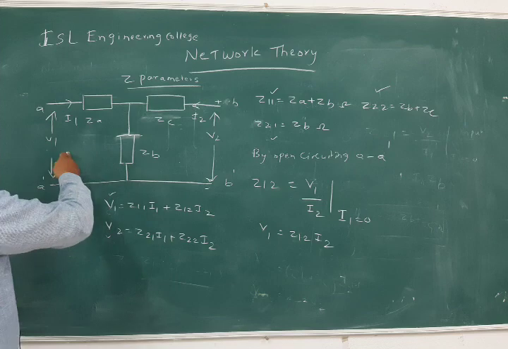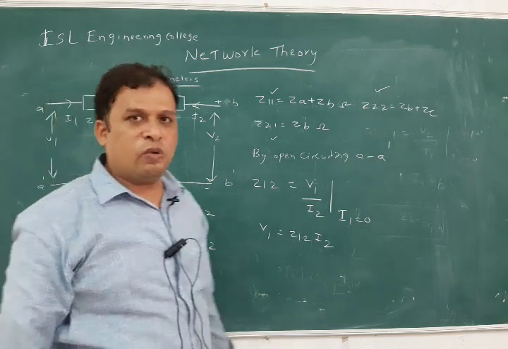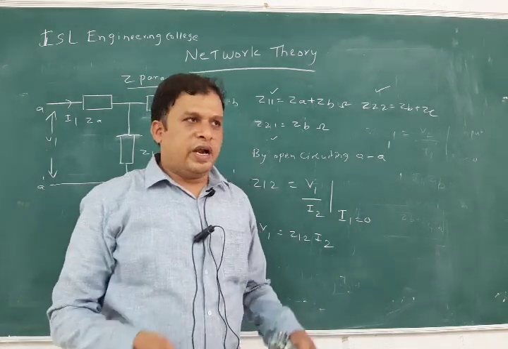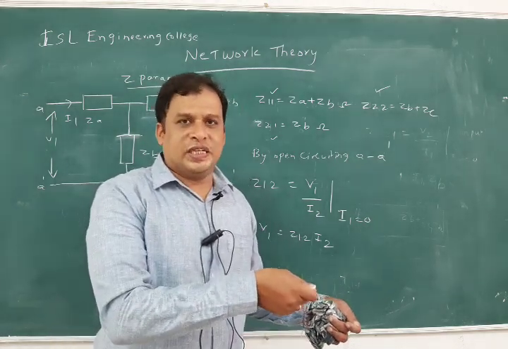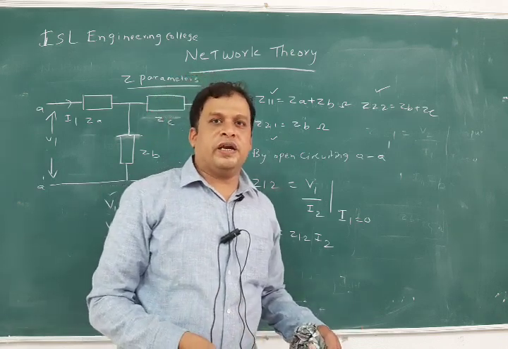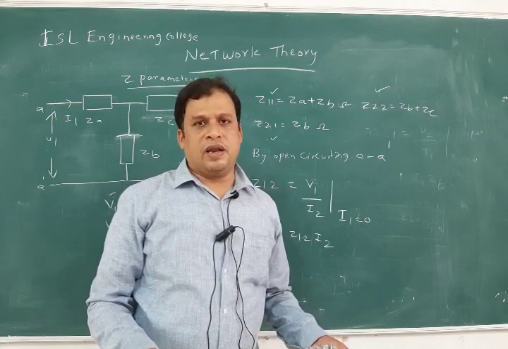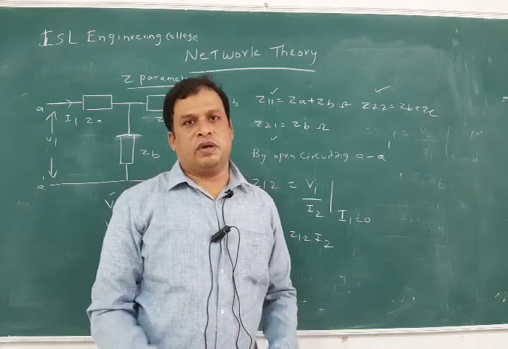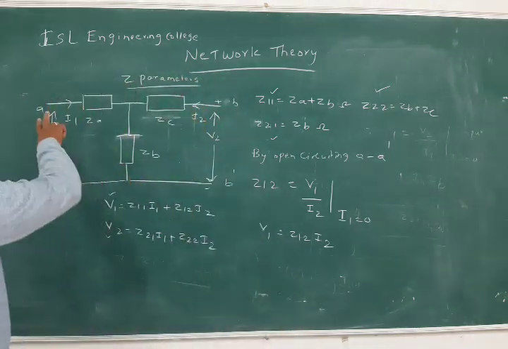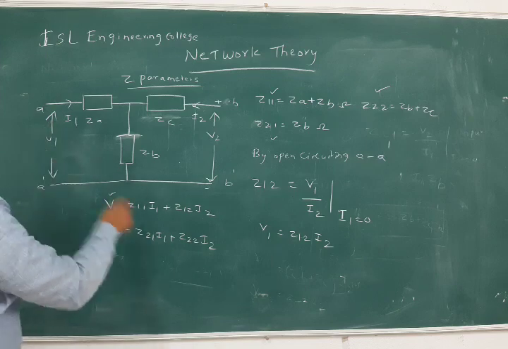The voltage can be measured in parallel. When you want to measure a voltage, you take two terminals and connect the voltmeter across them. A voltmeter is connected in parallel, and to measure current you connect an ammeter in series. So here we connect a voltmeter in parallel and find the voltage V1.